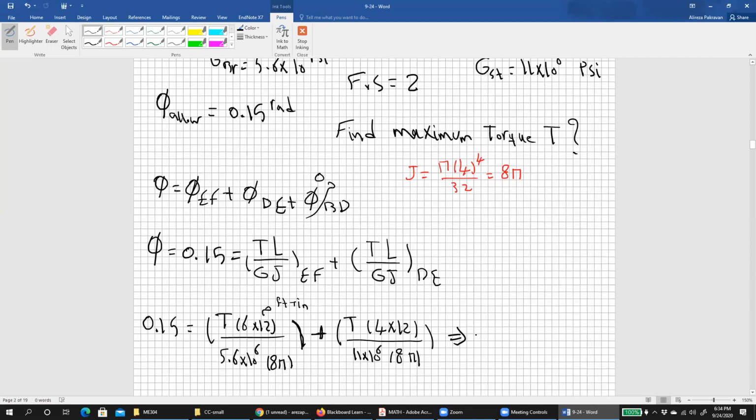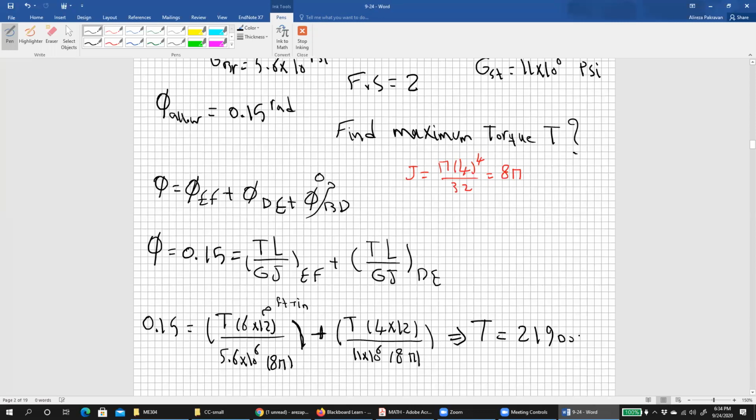Then T would be 219. The unit is inch-pounds, because these are in PSI.